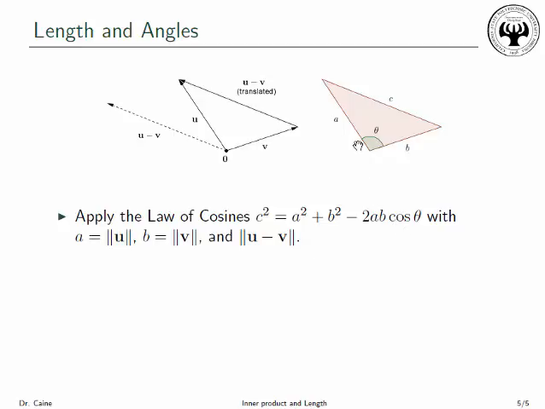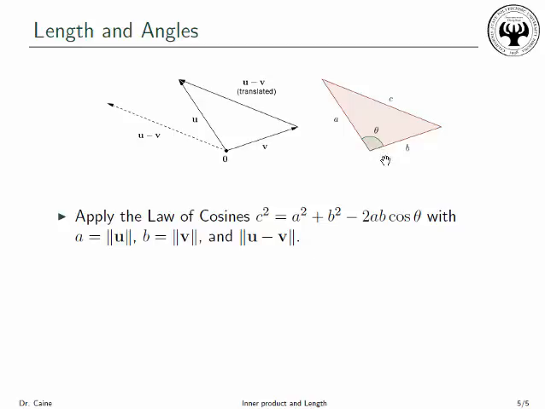So, with the sides labeled as shown here, A, B, and then opposing the angle theta is the side C, the law of cosines says that the length of the opposing side C squared is equal to A squared plus B squared. That's like the Pythagorean theorem. But then there's a correction, and the correction is minus 2AB cosine of the angle between the sides labeled A and B.